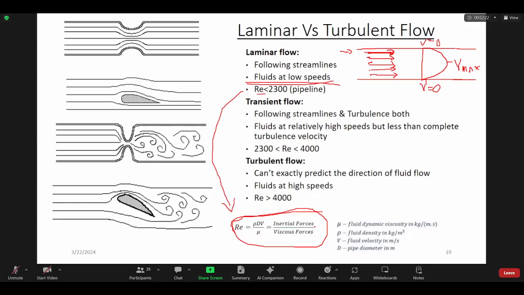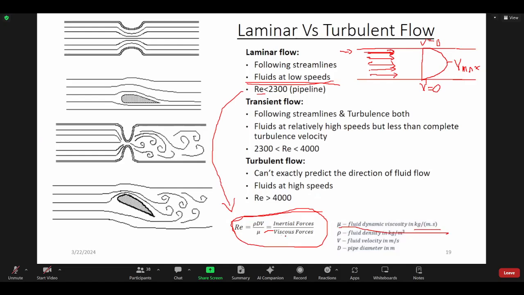Inertial force you can calculate as rho dV. Rho means fluid density, D means pipe diameter, V means fluid velocity, and mu means fluid dynamic viscosity.